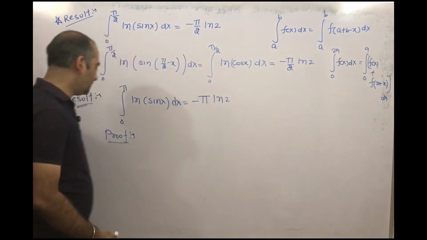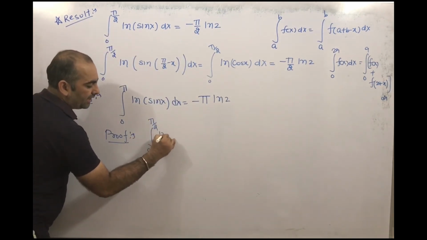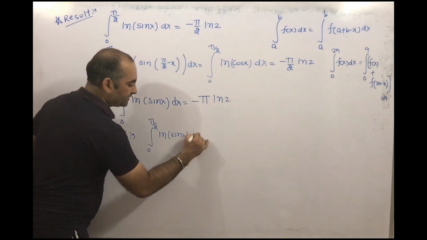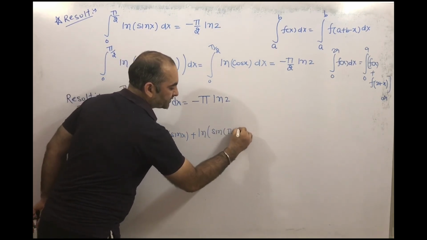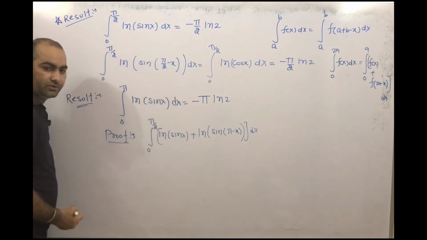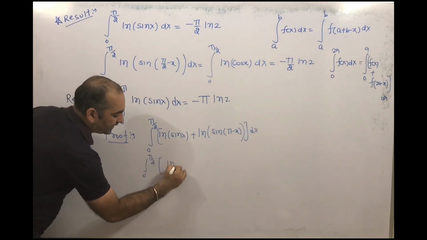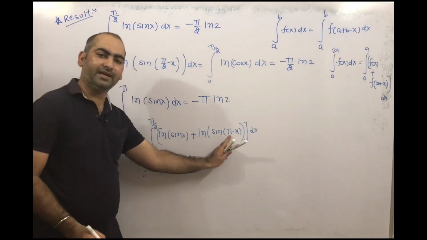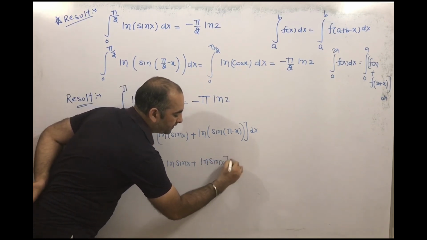So this will be integration 0 to pi by 2 of ln sin x plus ln of sin of pi minus x dx. This is integration 0 to pi by 2 of ln sin x plus ln sin x dx, since sin of pi minus x is sin x.